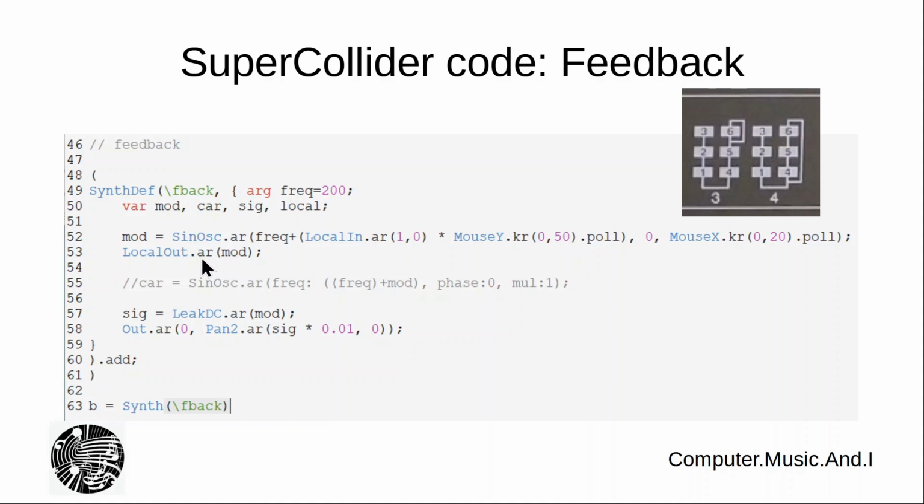And as you can see, we are saying LocalOut is mod, and therefore LocalIn here is mod also. So there's the relation between, and so we are feeding ourselves back in.